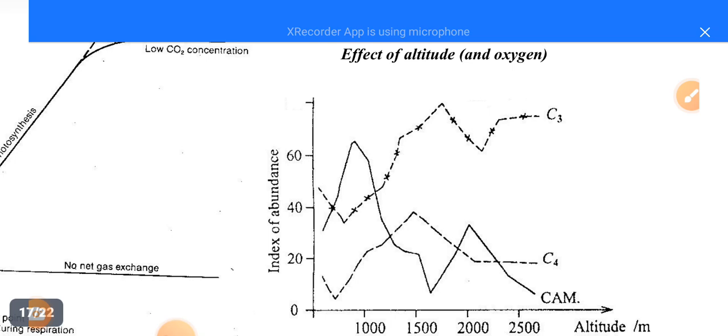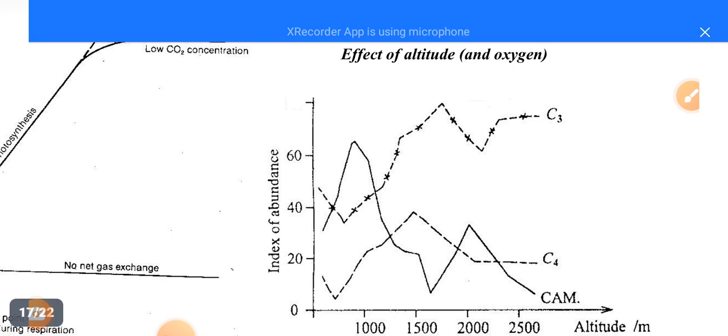Let's look at CAM plants. C3 plants are more abundant at high altitude, while CAM plants are more abundant at very low altitude. Down there we have the CAM plants, or crassulacean acid metabolism.